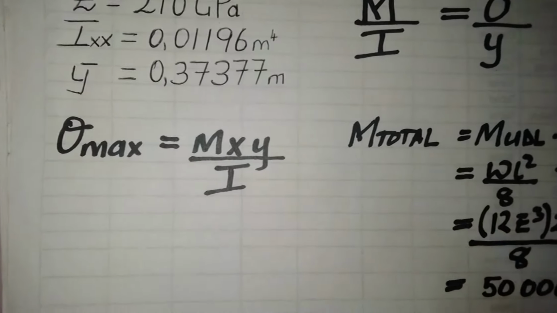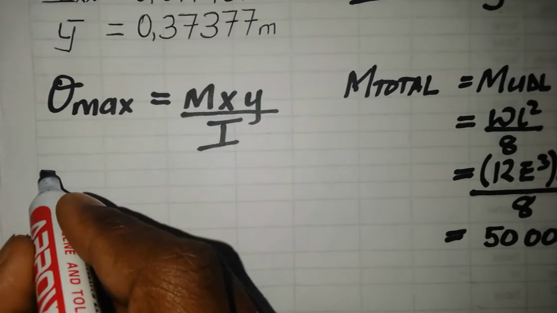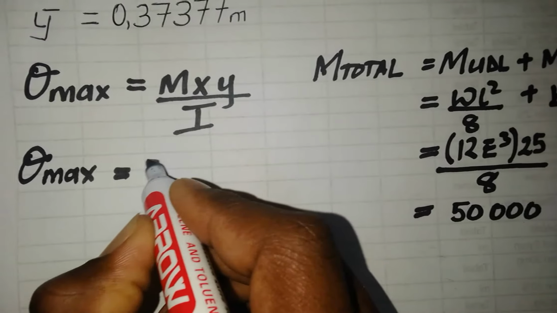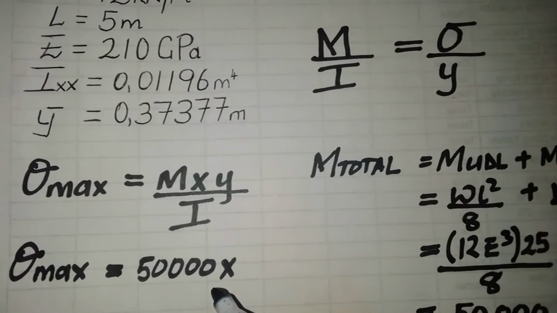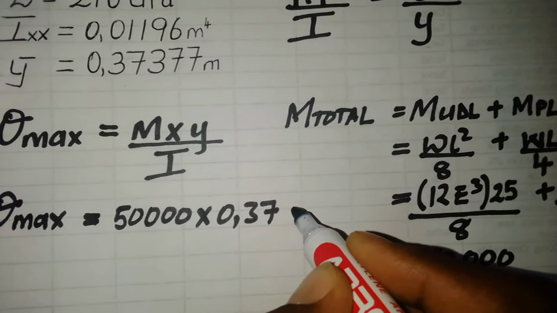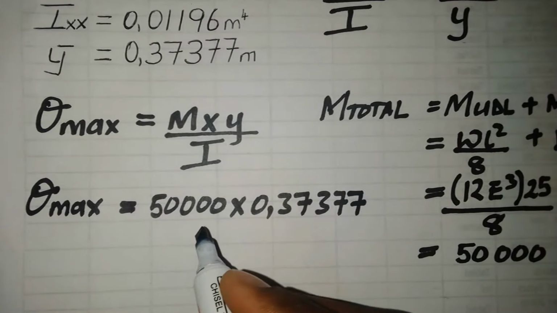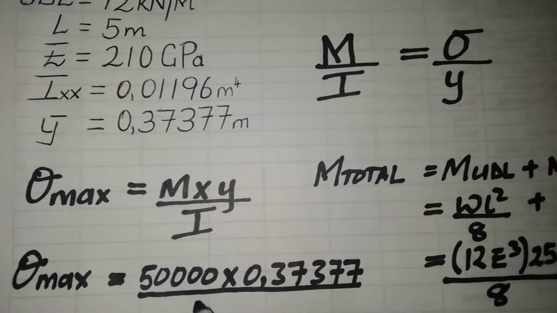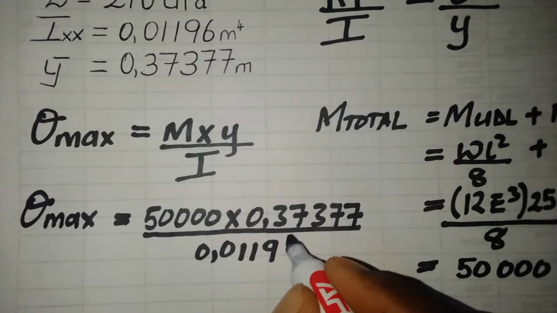So we're going to substitute in our equation and calculate theta max. So theta max will be equal to 50,000, and for Y, we got Y bar 0.37377, and we're going to divide by I. We got that one is 0.01196.